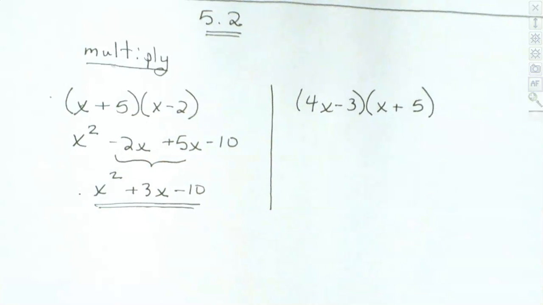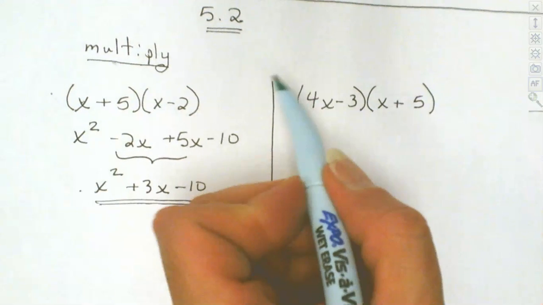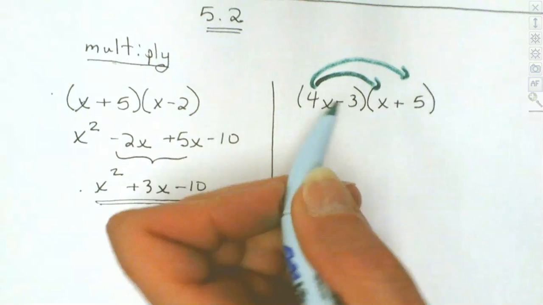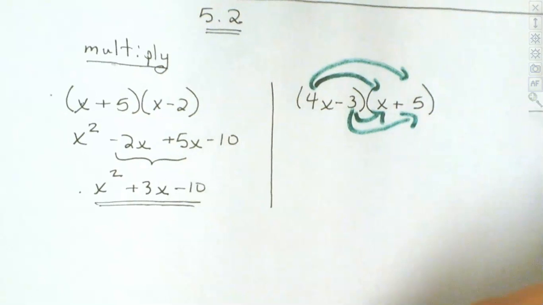Let's go ahead and multiply this one out. If I was going to FOIL this out, what would we do? And you can draw the arrows if it's helpful. We're probably confident enough not to have to, but if you want to, you can. So let's go ahead and FOIL this out.